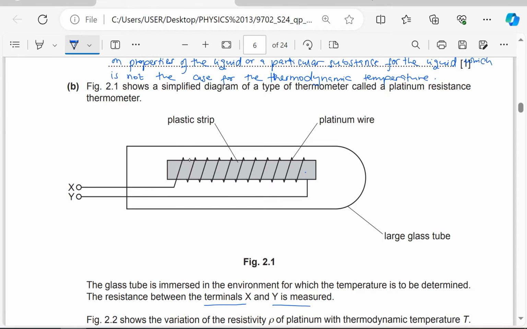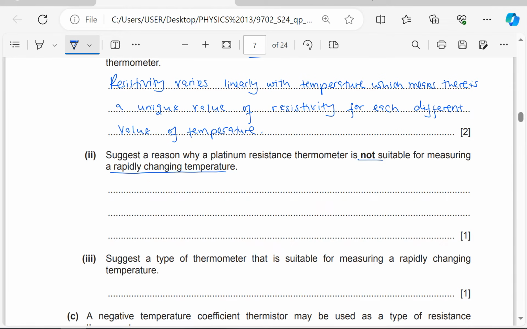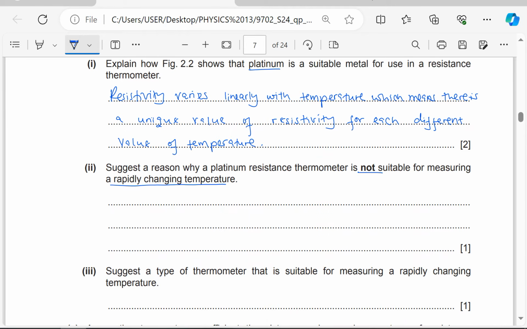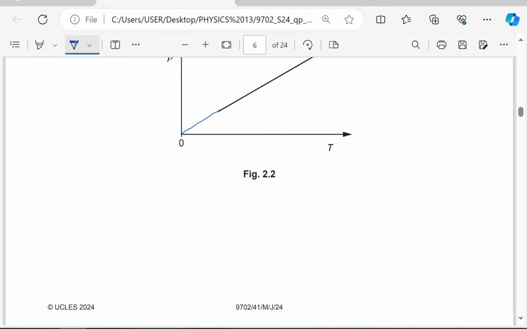So that means it will take some time. Yet a rapidly changing temperature takes a very short period of time to change. So the platinum resistance thermometer will not really be a very good candidate for such a measurement. It will have a high heat capacity because of the glass.